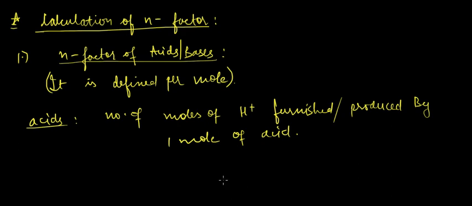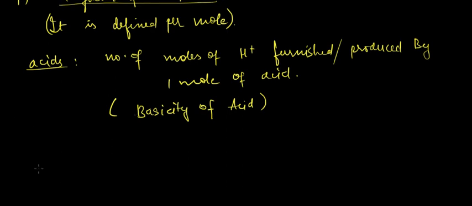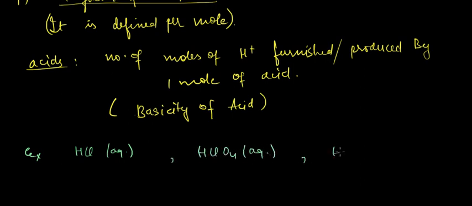Or in other terms, we can also call it the basicity of the acid. For example, if we say we have HCl, HClO4, HNO3.